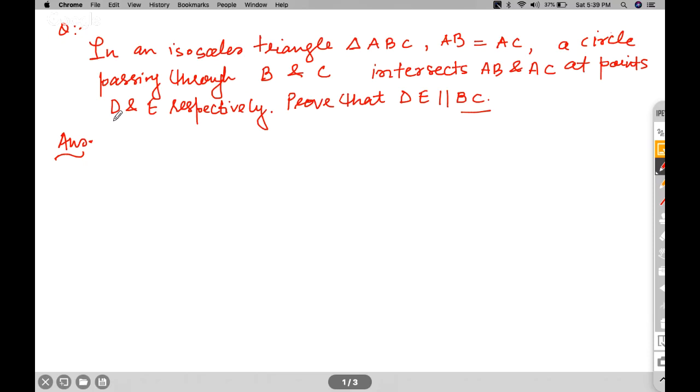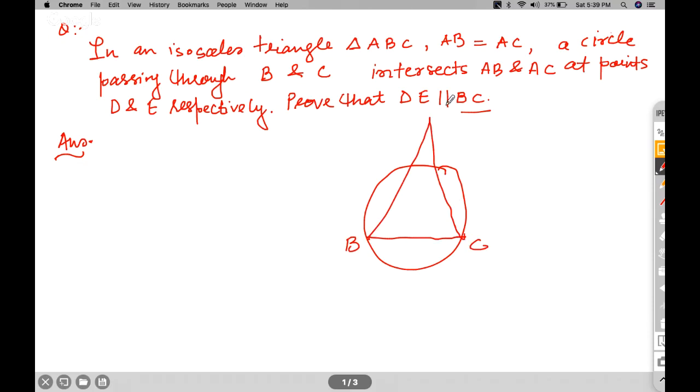Are you guys done? Okay, I got two people saying that they are done with it. So what I do is I draw a circle, and here is my chord BC, and this is point A, and I draw a line which is ED.